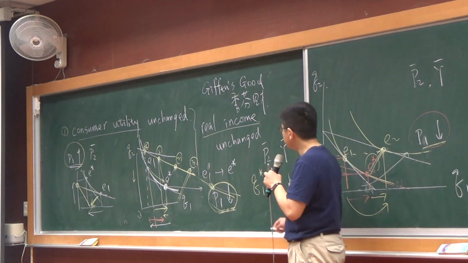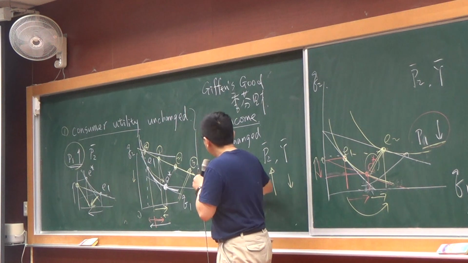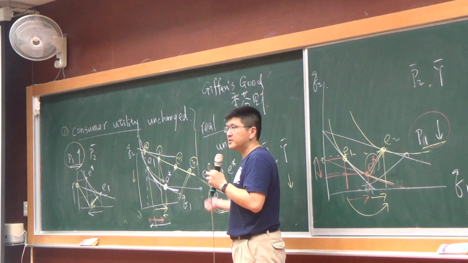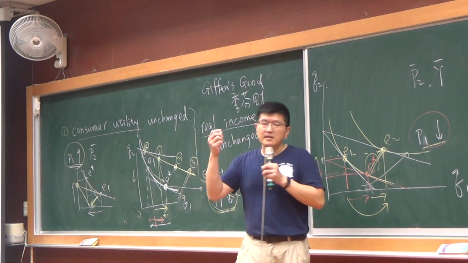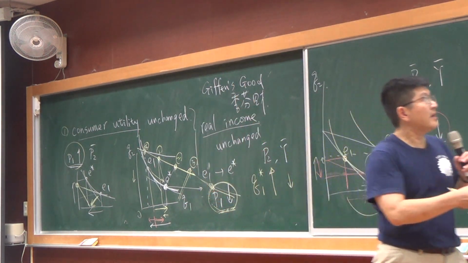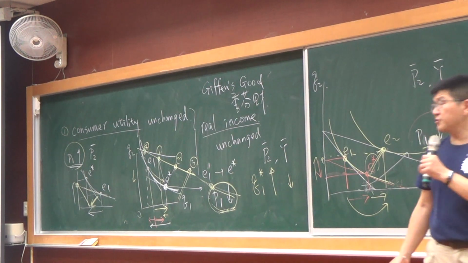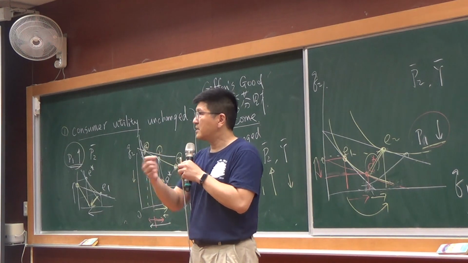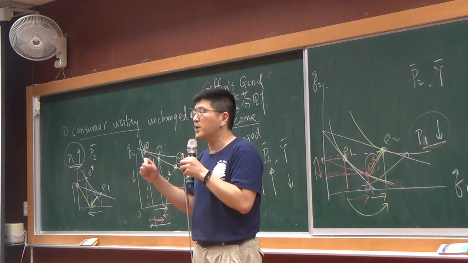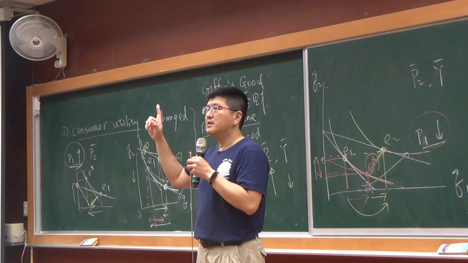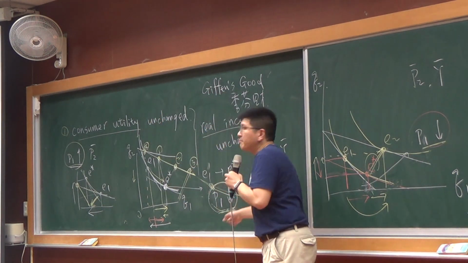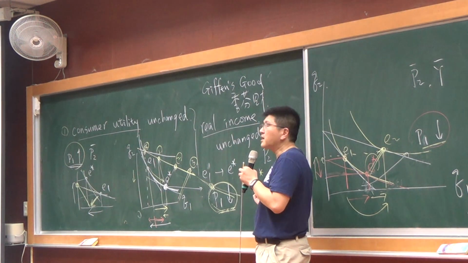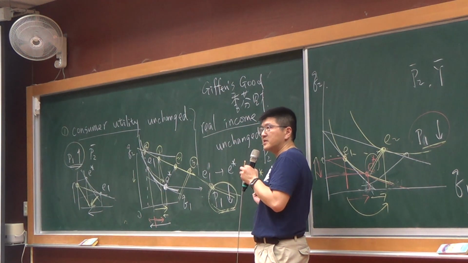Okay? Once again, when you see the P1, the price of good one, P1, drops, the price is lower, and we know the substitution effect is always negative, so that the consumption by the substitution effect of Q1 must be higher, right? A lower P1 must have a higher Q1 star, due to the substitution effect.